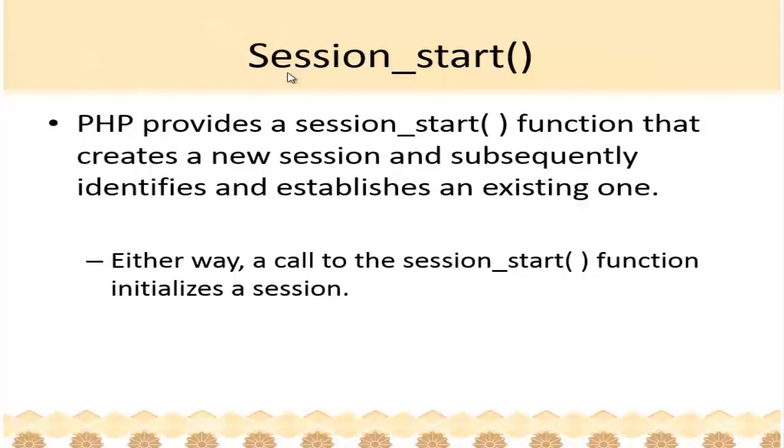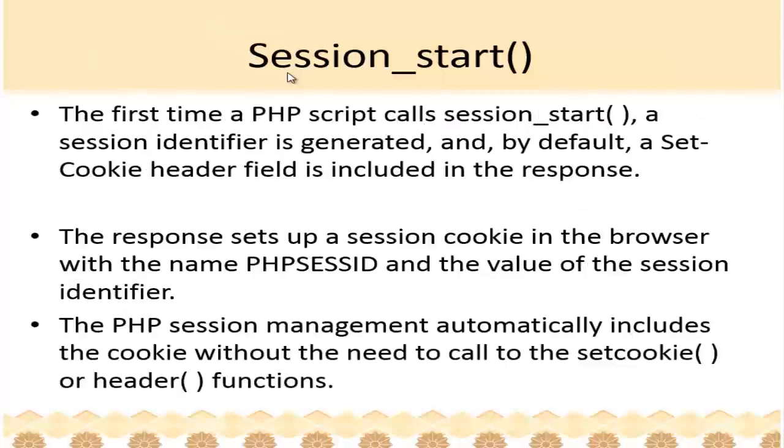But if the client says what are you talking about, I don't know anything about an ID, then the client is not aware of this ID. In that case, it generates a unique number, assigns it to the client and says, this is your ID, next time bring back this ID to me. So either it will generate an ID or it will reuse the ID if it is already there.